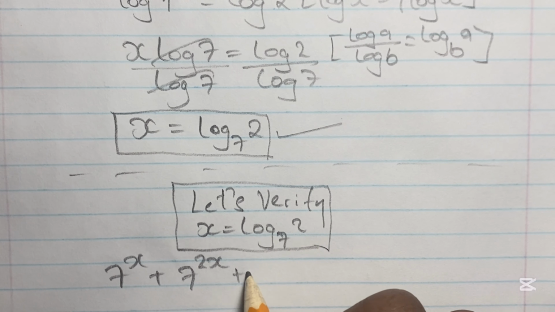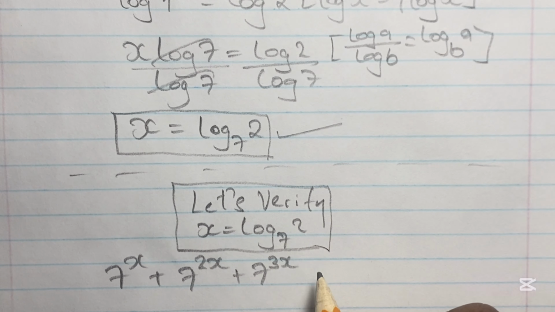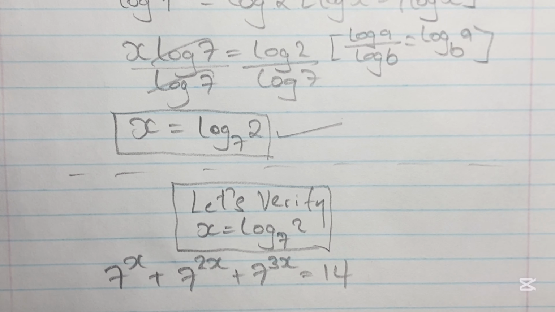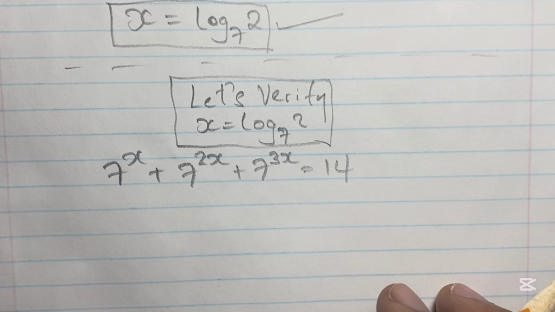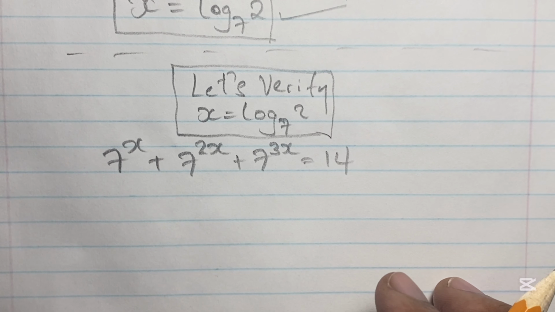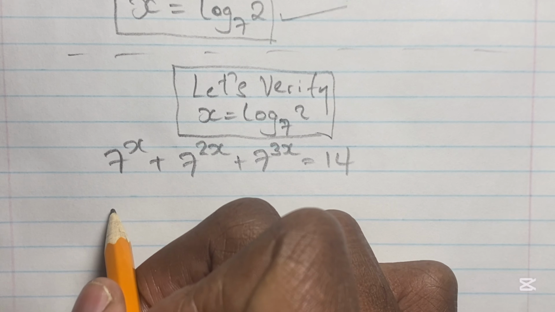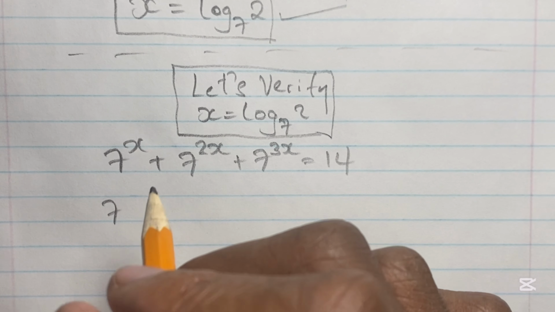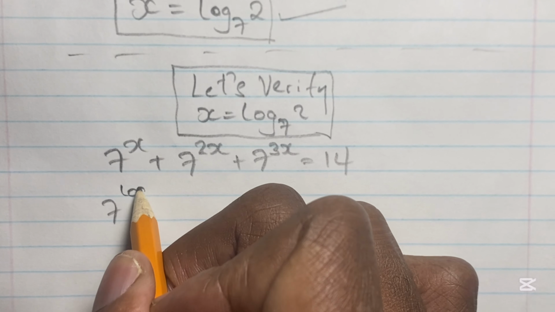So again, we verify this solution by having our equation rewritten. So we'd have 7 to the power of x plus 7 to the power of 2x plus 7 to the power of 3x is equal to 14. Now all that we'll do from here is substitute x for this value here.